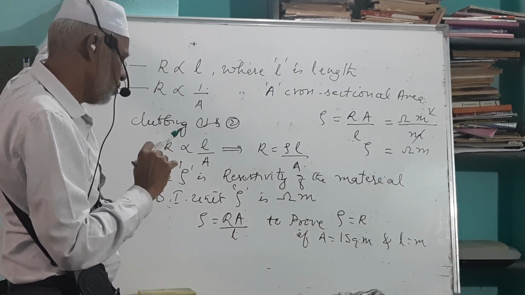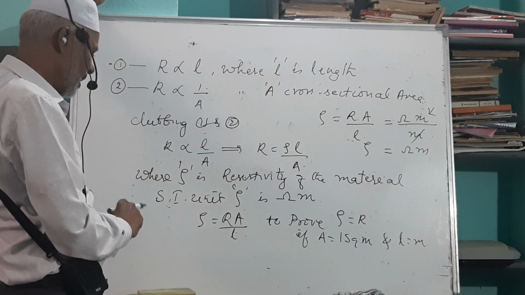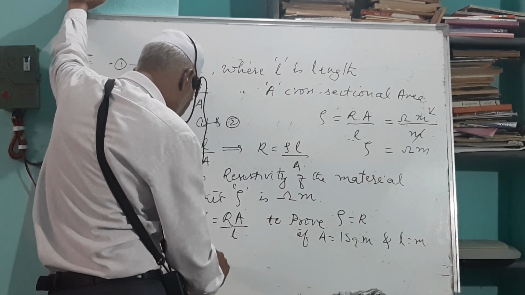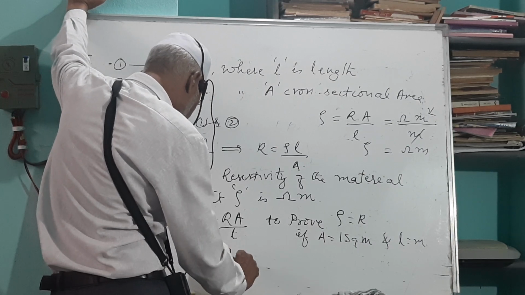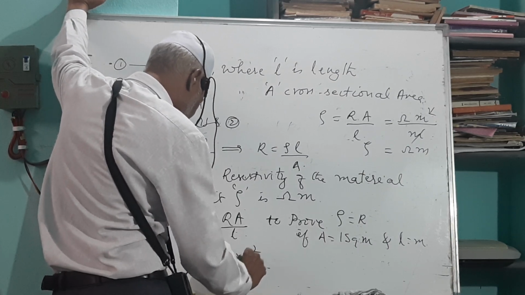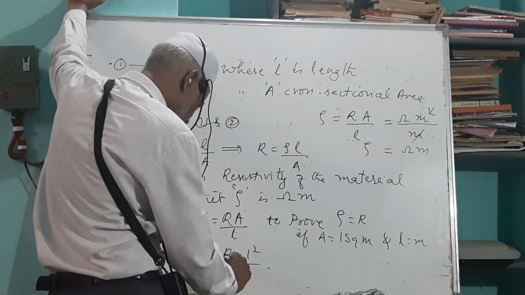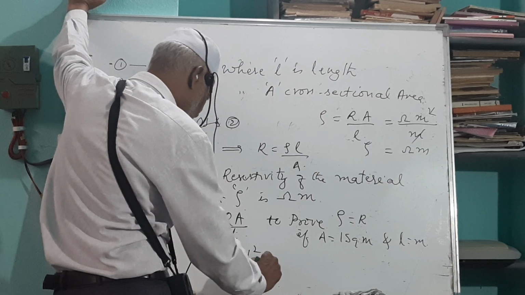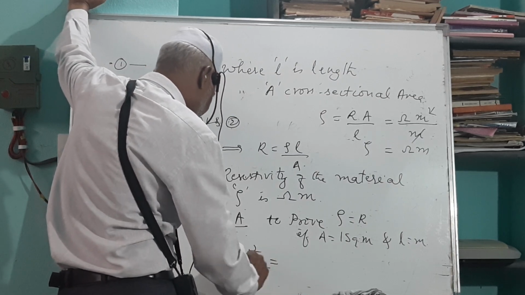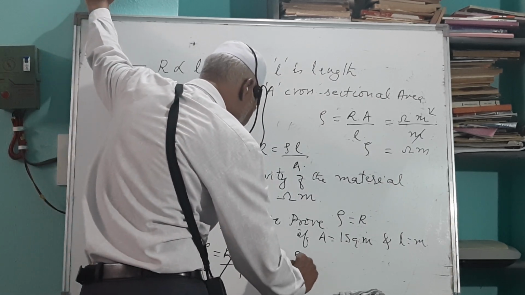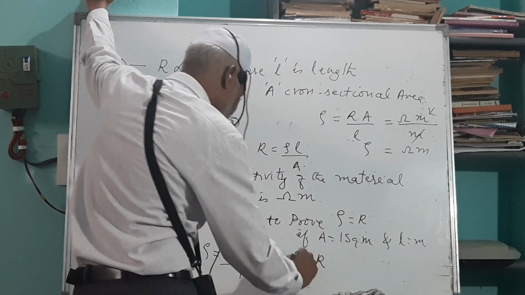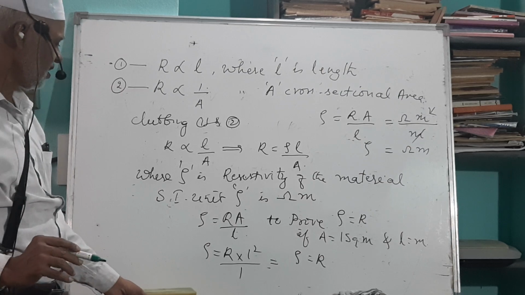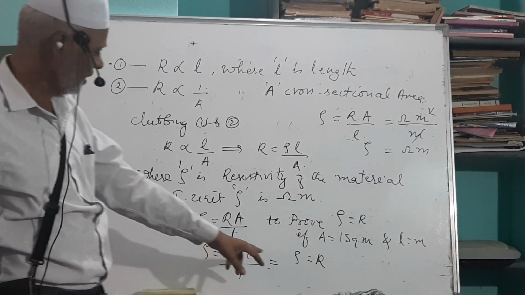In this case only can you prove that rho is equal to R. Just substitute these values in this equation: rho is equal to R, A is equal to 1 square meter, L is equal to 1, so ultimately you will get rho is equal to R. Based on this outline, I can design the definition of resistivity.